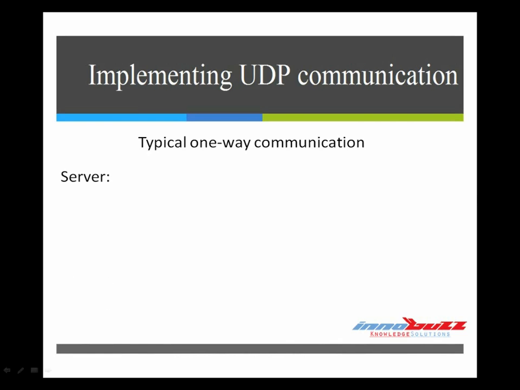The server calls the constructor of the datagram socket and creates a new instance of the datagram socket on the selected port. Create a byte array for the datagrams and a new instance of the datagram packet. Its constructor needs that byte array and the length of it.